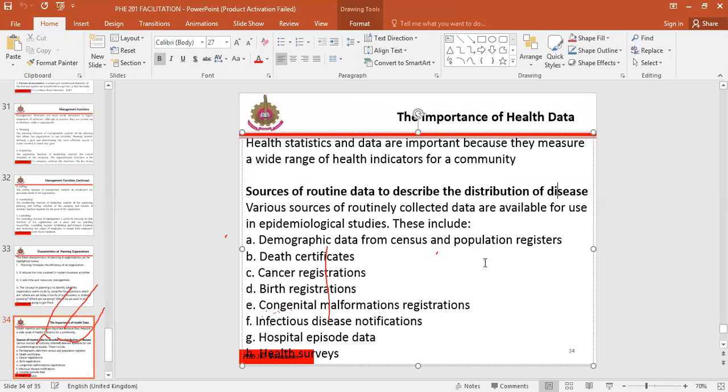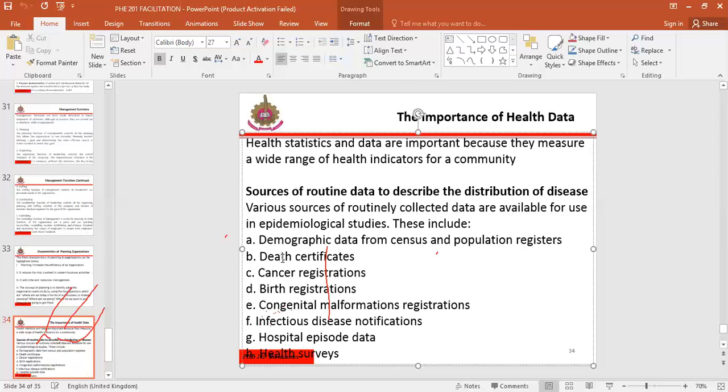To describe the distribution of health challenges in our society, part of it are the demographic data from census and population registers, from death certificates, from cancer registrations, from birth registrations, which is the natality. That of death can also be the mortality.